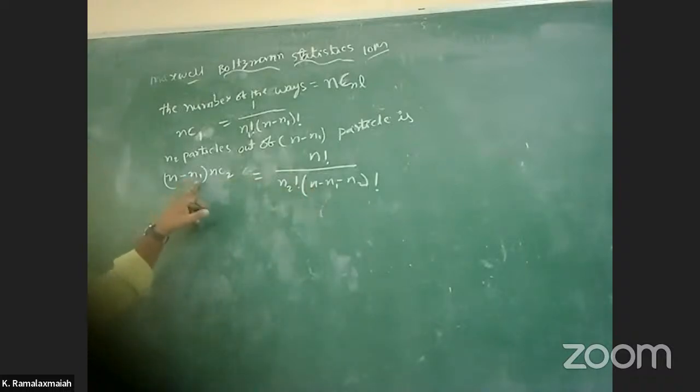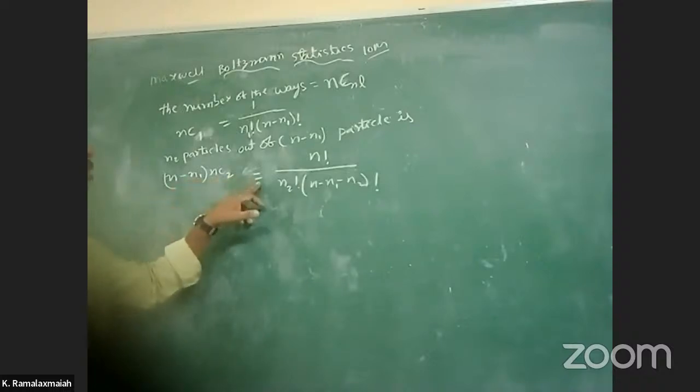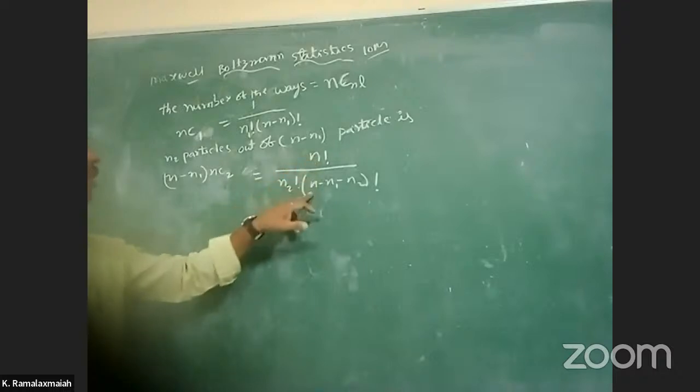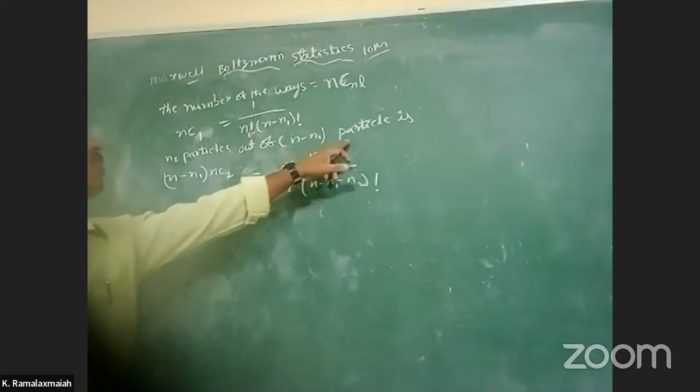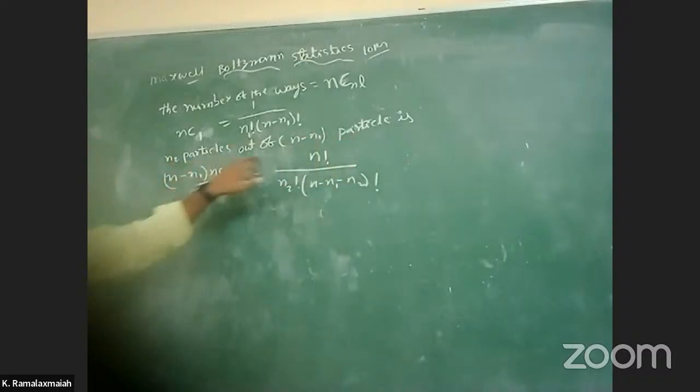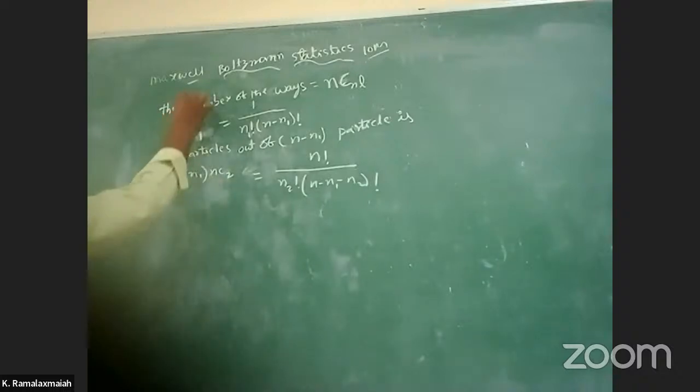Here N minus N1 C N2 is equal to N minus N1 factorial by N2 factorial into N minus N1 minus N2 factorial. That is N2 particles. You write this one. There is N1 particles only. The first one is only N1 particles.